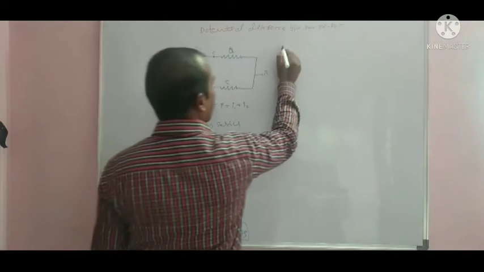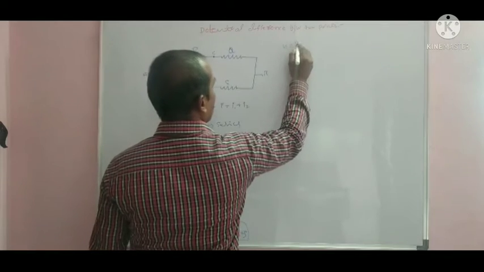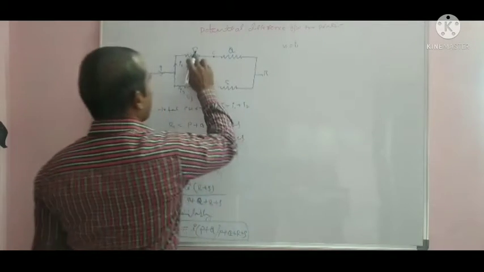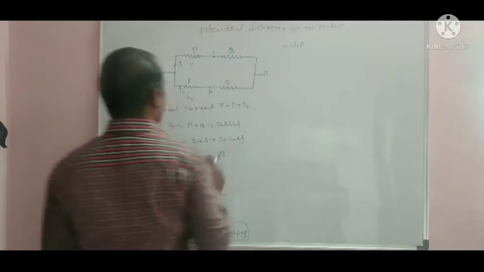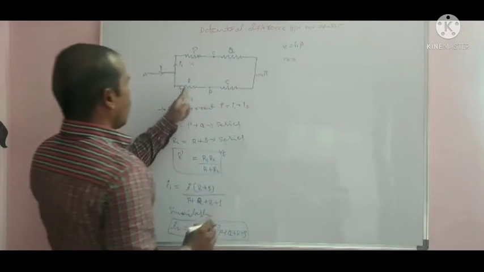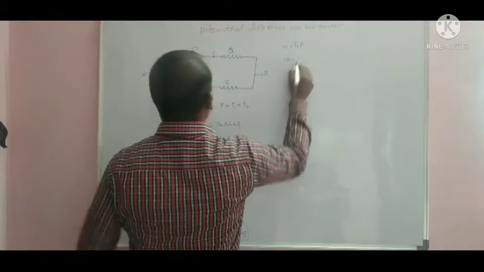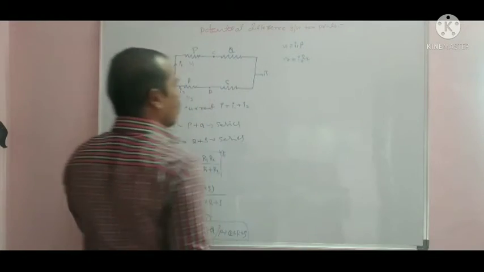So V1 is equal to the current passing I1 times the resistance P. V2 is equal to the current passing through R, I2, times R.